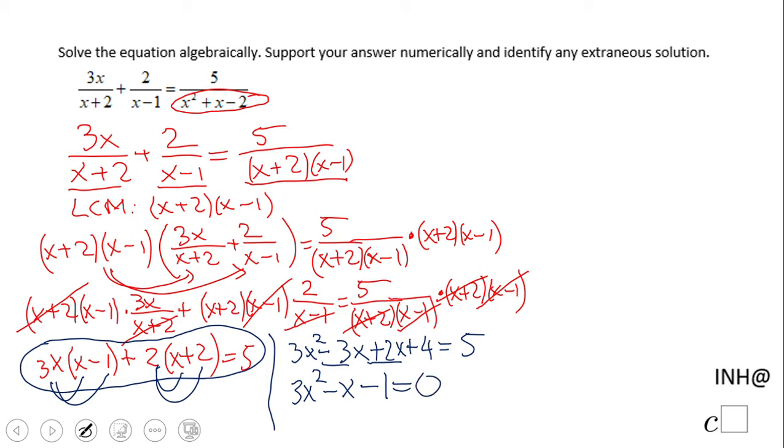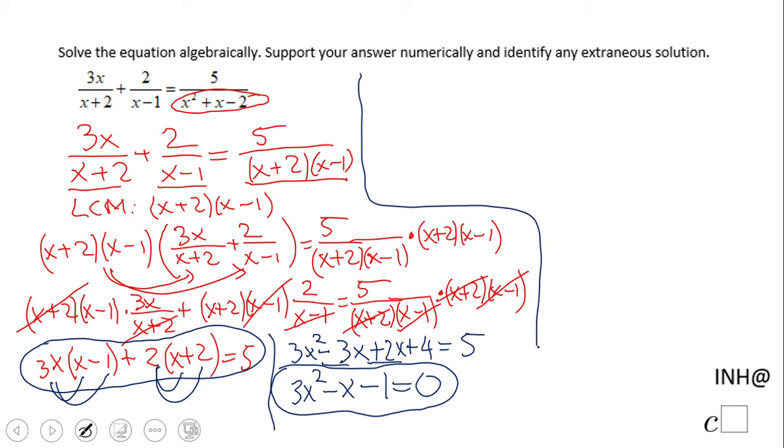So we have a nice quadratic equation, which we may want to try to solve by factoring if it works, or the quadratic formula. Okay, factoring doesn't work, so we're going to use the quadratic formula. 3x squared minus x minus 1 equals 0.